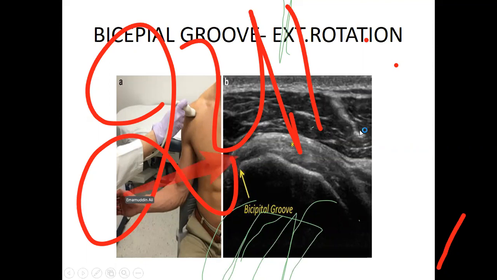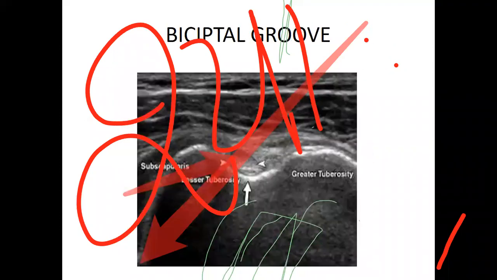When you extend it like this, you appreciate the groove very well, and you are able to see and assess other anatomical structures that may come in. I'll demonstrate how that may come. Again, I wanted to demonstrate this echogenic appearance.